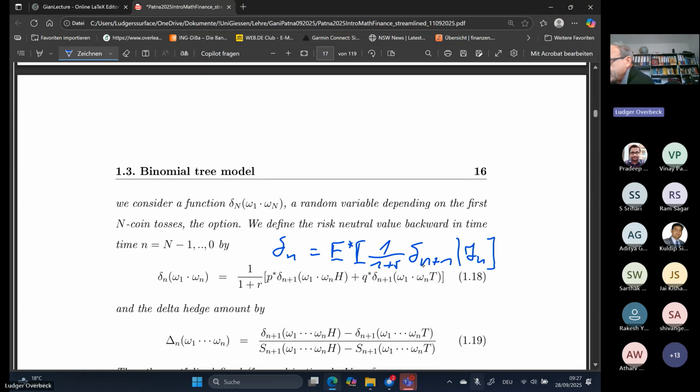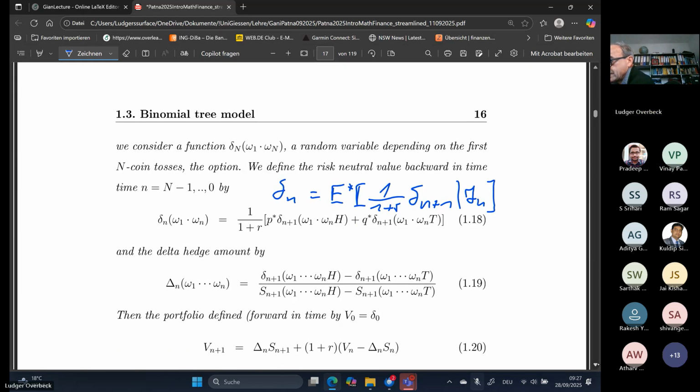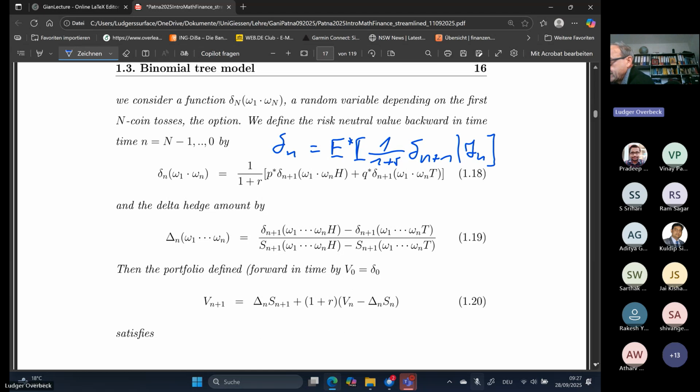And at capital T, you know the payout. That's how you run through, and the delta hedge amount is then delta, that's dC/dS, the delta hedge.